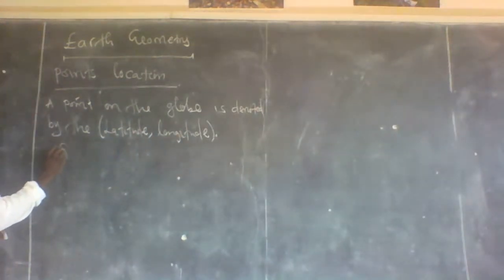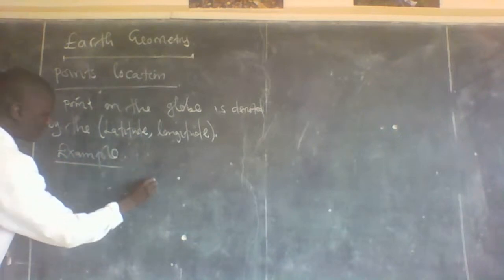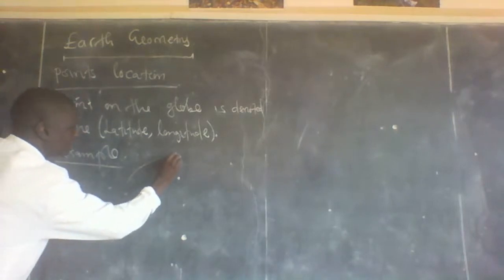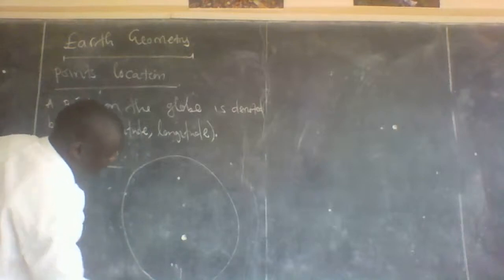So if you look at an example, we can have the Earth, the globe. It's not drawn to scale.